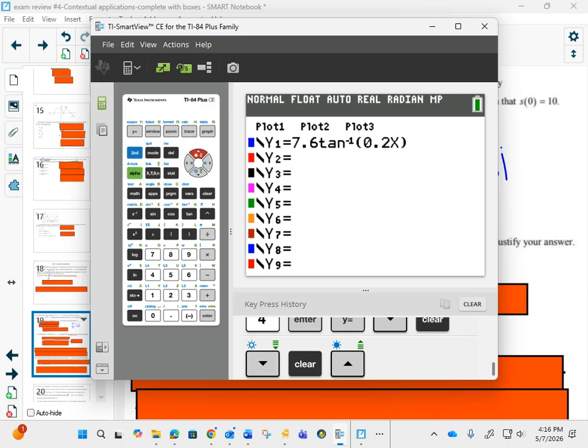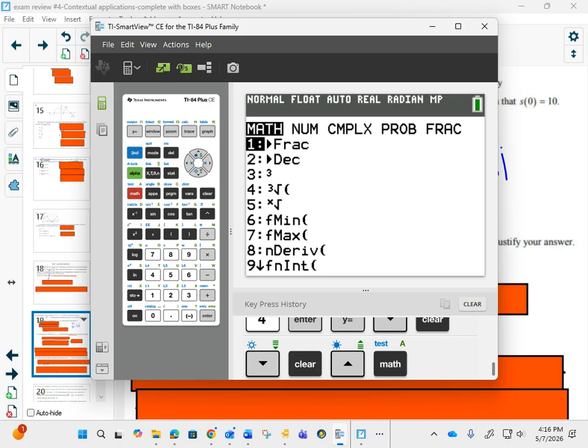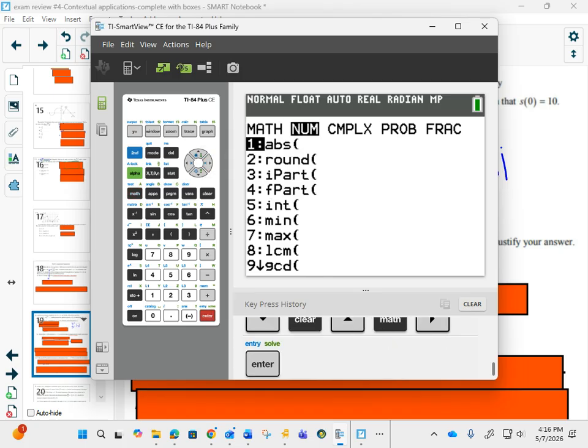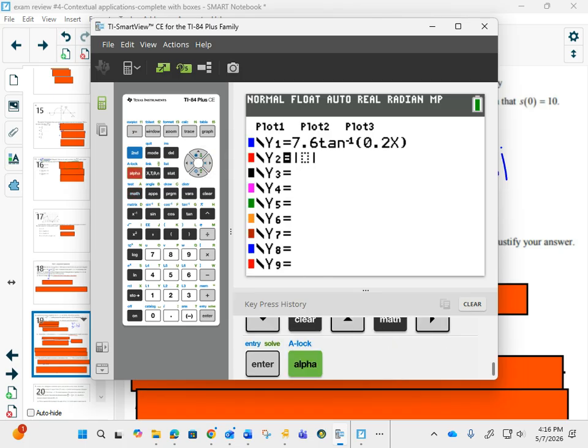I can go math, over to number, and hit absolute value, and then do y1 in that, having typed in the right equation. And then here in y3 I can put 2.